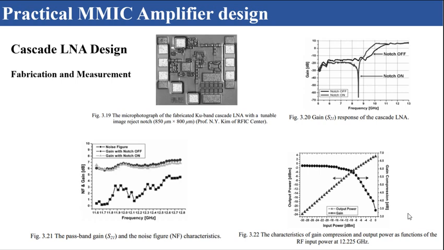Measure the 1 decibel gain compression point by changing the 12.22 GHz RF input power of cascade LNA between minus 30 and 0 decibel milliwatts as shown in Figure 3.22.